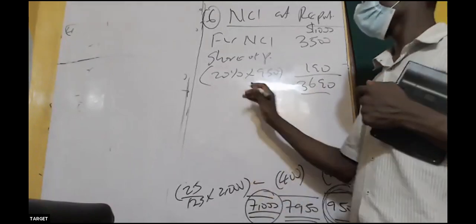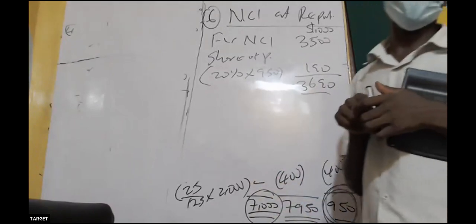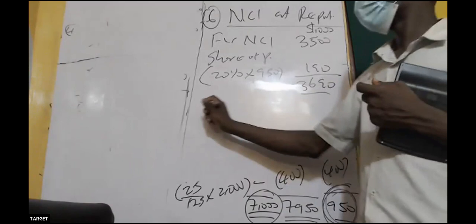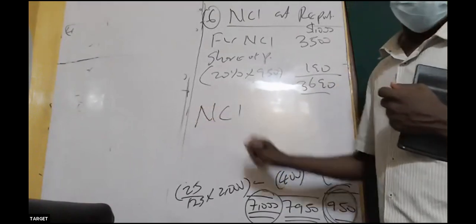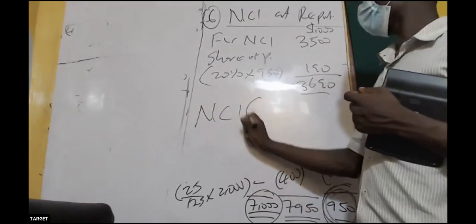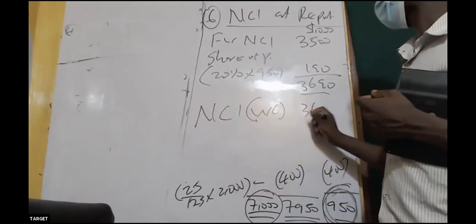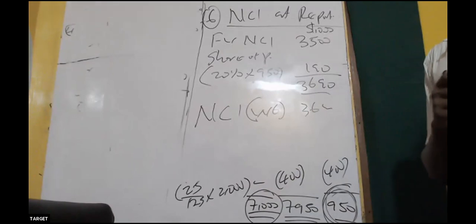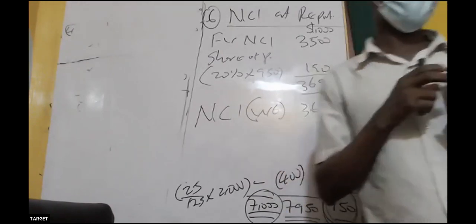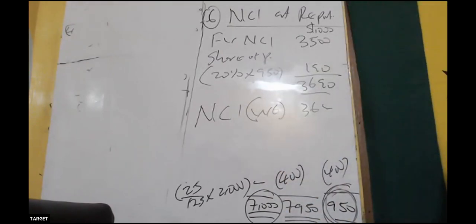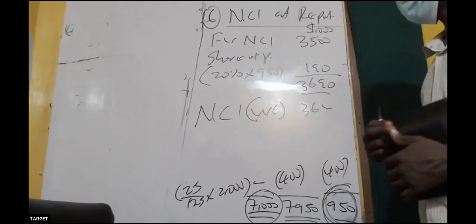Now go to the same balance sheet where you have NCI, open a bracket, that is workings number 6, and put 3,690 there. Okay, so we are done with this.